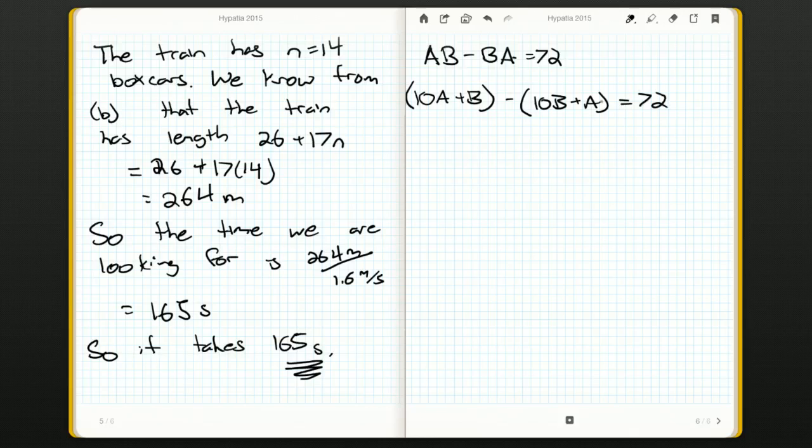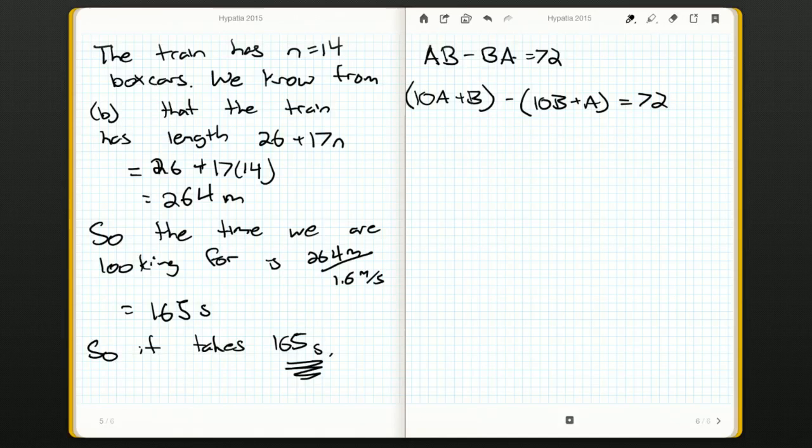We're only given this information that AB stands for 10A plus B. That's the only information we're given in the question, so it makes sense to just substitute that in right away. We're also told that A and B are non-zero. That's something to keep in mind, certainly, but this is the only content we're given, at least in A part specifically.